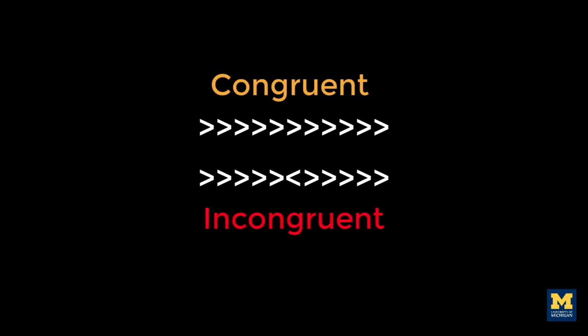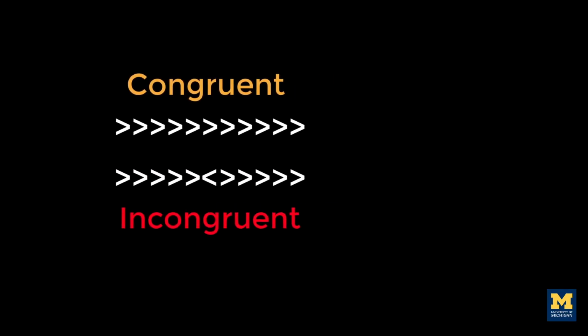You can imagine that the task is easier if the central arrow points in the same direction as the flanking arrows, and more difficult if it points in the opposite direction, because in that case, we have to make an extra effort to ignore the flanking arrows. We'll call the former condition the congruent condition and the latter the incongruent condition.